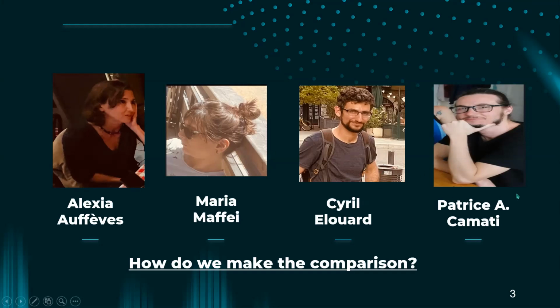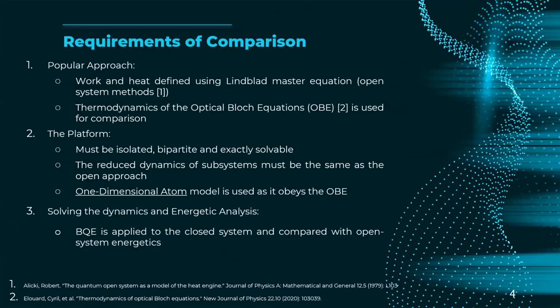So how do we make this comparison? The first thing is to decide which approach we compare with. What's the popular approach that we can compare with? There is a plethora of literature on what is work and what is heat, so we have to choose one popular one.